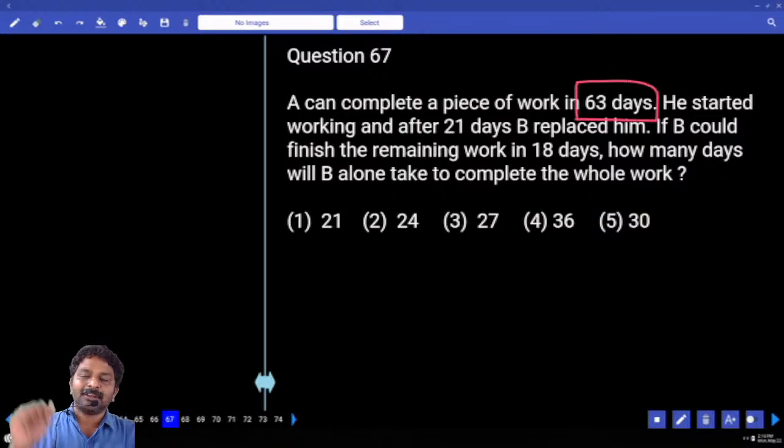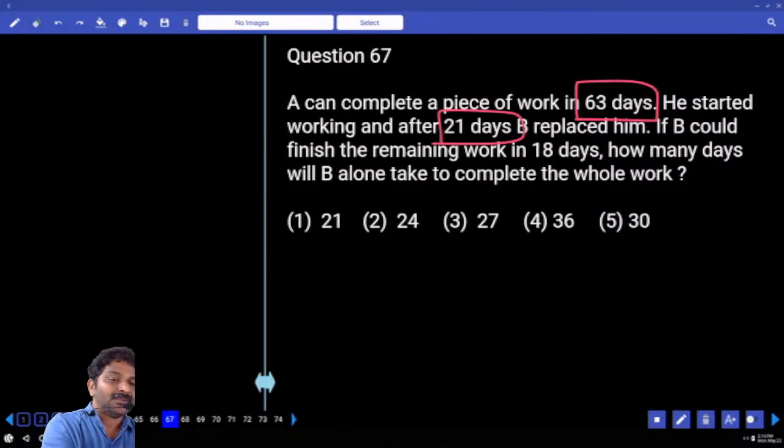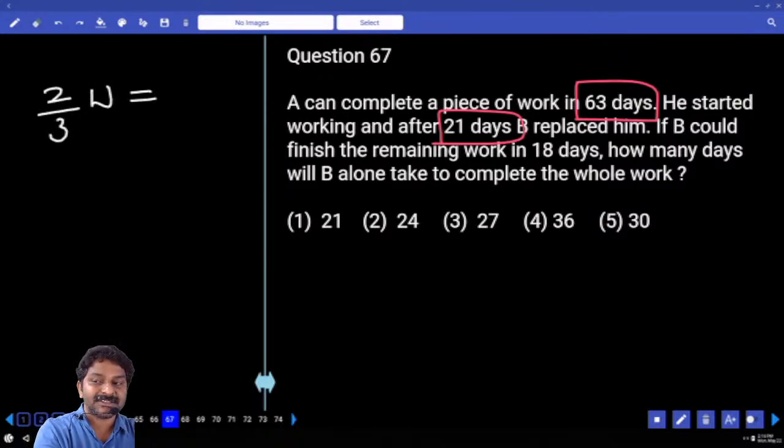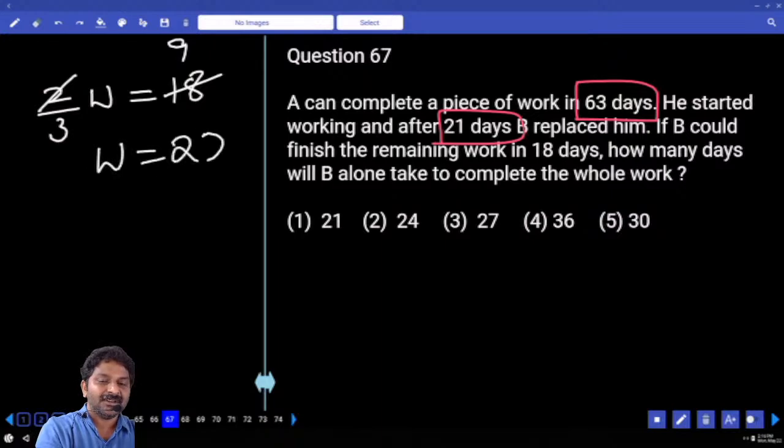A can complete total work in how many days? He worked for how many days? That means he completed what fractional part of the work? 1/3. What is remaining? Who completed that? So 2/3 of the work is done by B in how many days? Total work in the sense, 2 gets cancelled for 9 times, 1 work is 27 only.